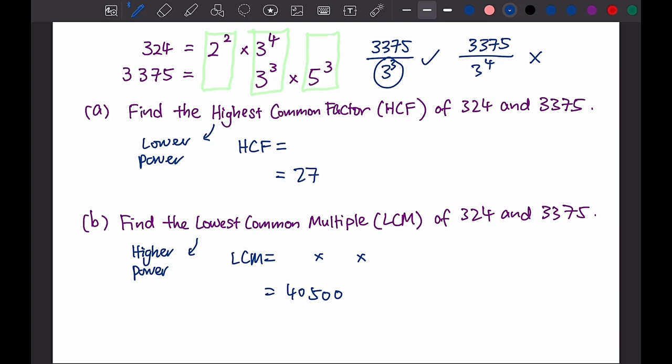So it's not actually 0. What happens here is that this is actually 1, and it does nothing because 1 times 3 to the power of 3 is still 3 to the power of 3. But we also know that 3375 can be divided by 1. So in doing so, we can see that between 2 to the power of 2 and 1, 1 will be the one with the lower power.